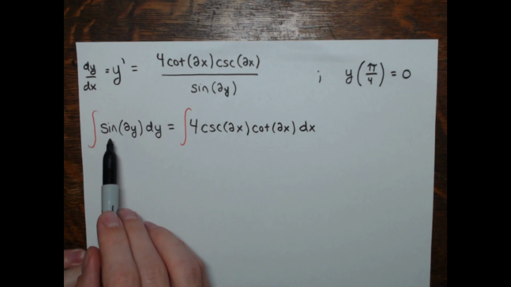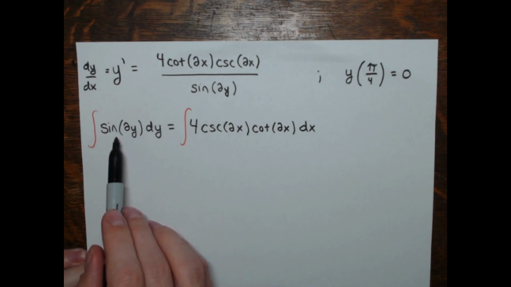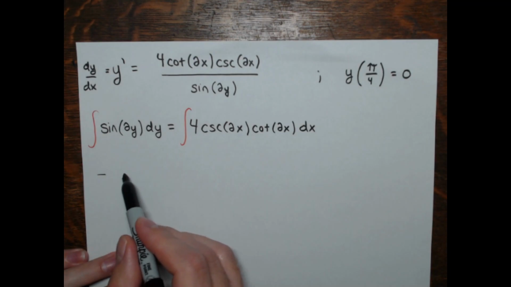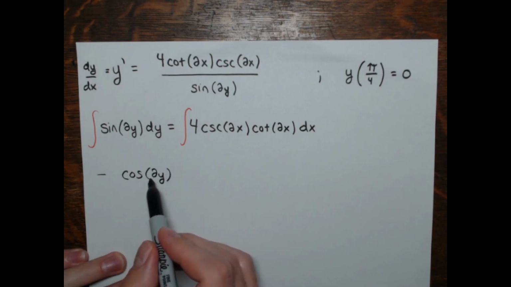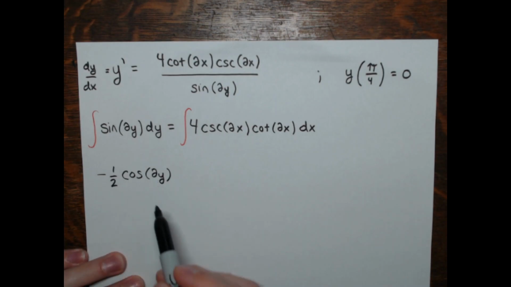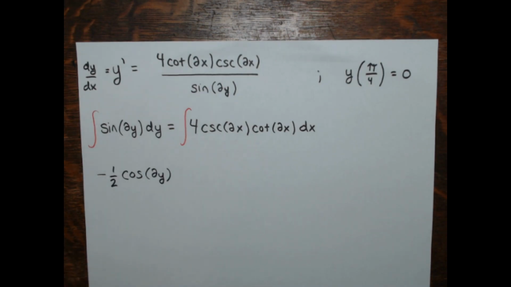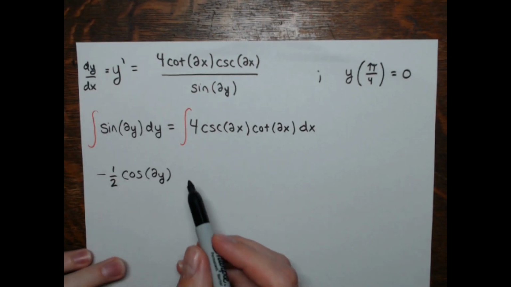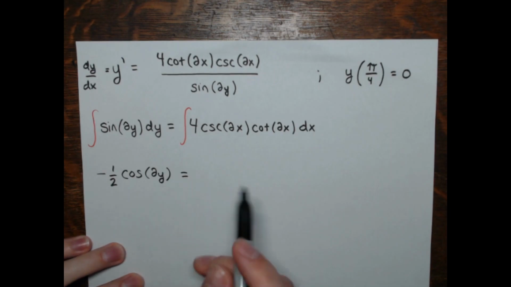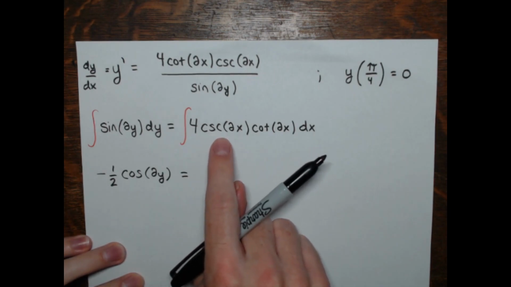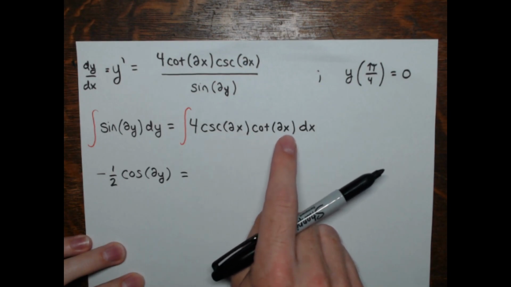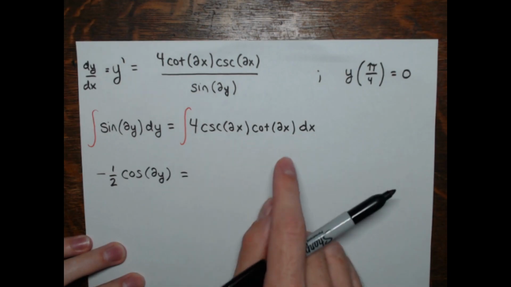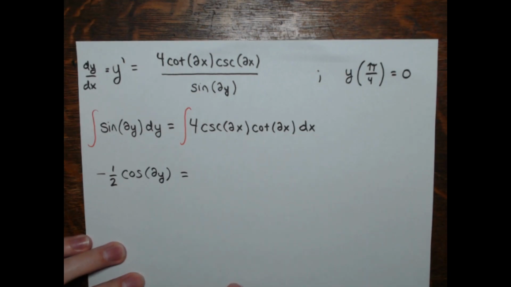Left side, remember the antiderivative of the sine of something would be negative cosine of that thing. So negative cosine of 2y, but then times a half to counteract that 2 there. So negative half cosine of 2y on the left side. And then you may recall cosecant of something times cotangent of something. Cosecant theta, cotangent theta, that was just the opposite of the derivative of cosecant theta.